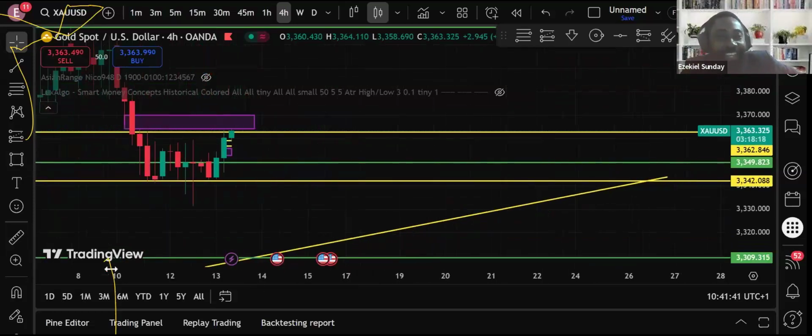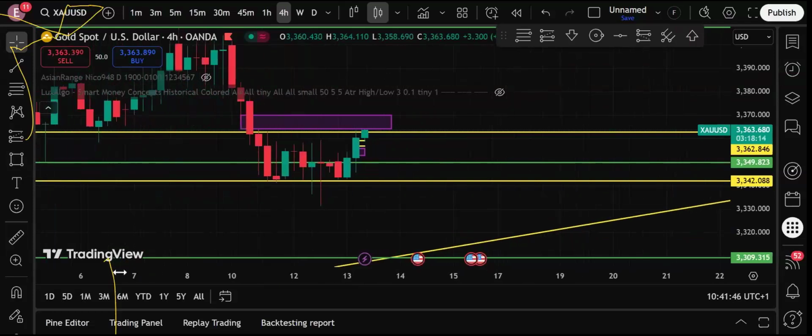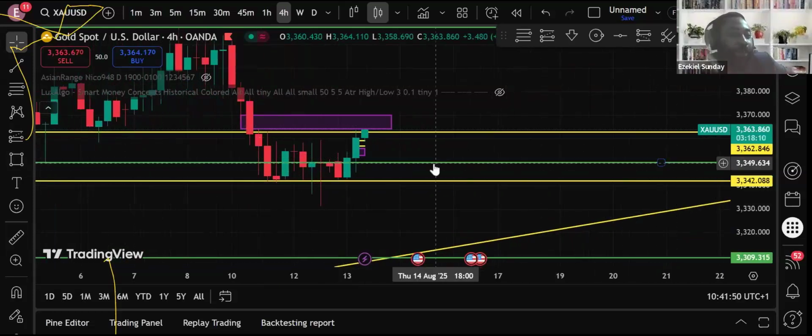So you can then take it down to 33.63. That's like 10 pips there. Then the second TP, you can now aim at 20 pips. So you do 10, 20, and if you want to do the third one, you can do 20 again. But once you hit your TP1, break even as fast as you can.